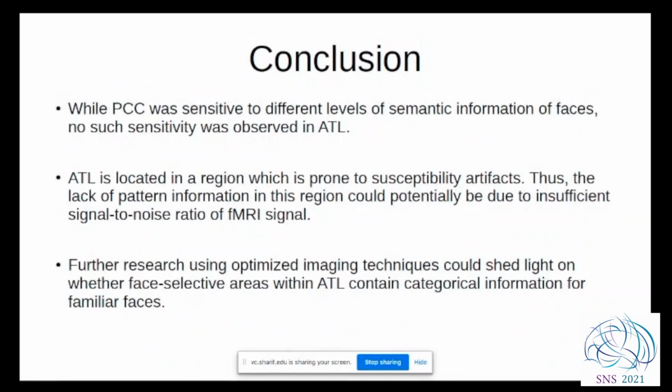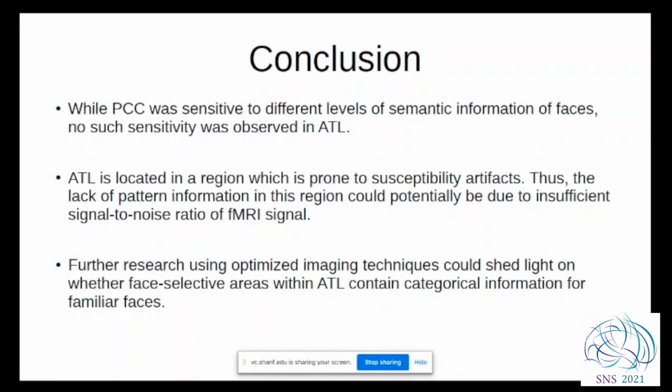And we didn't get any activations in anterior temporal lobe, even though in the literature ATL has been mentioned as one of the main regions for familiar face processing. We didn't get anything in anterior temporal lobe, partly because we had some data acquisition problems. So usually anterior temporal lobe is one of the difficult regions in fMRI.